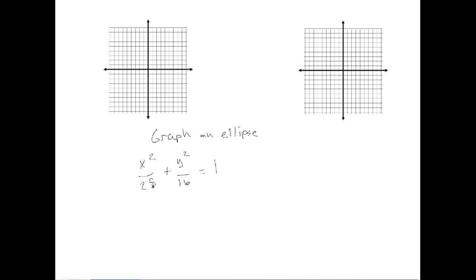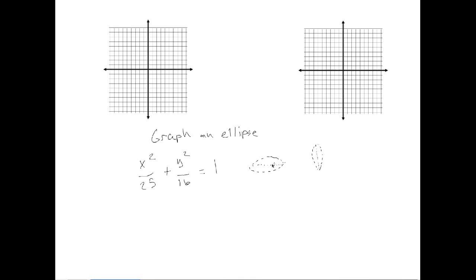If the number under x is bigger, you have a horizontally orientated ellipse. It's a very bad ellipse, but that's what it would look like. If the number under y squared is bigger, then you would have a vertically orientated ellipse. Okay? So, since the number under x squared is bigger, our ellipse is going to be a horizontally orientated ellipse.